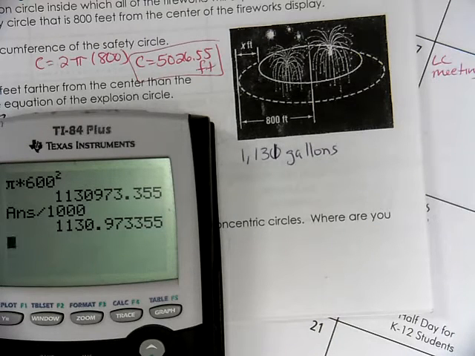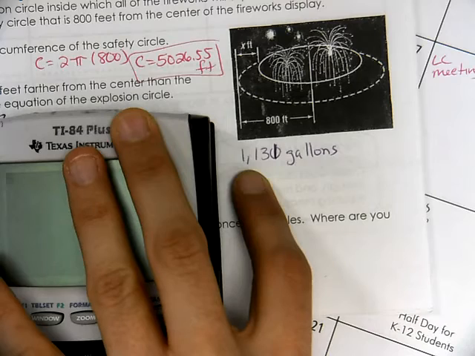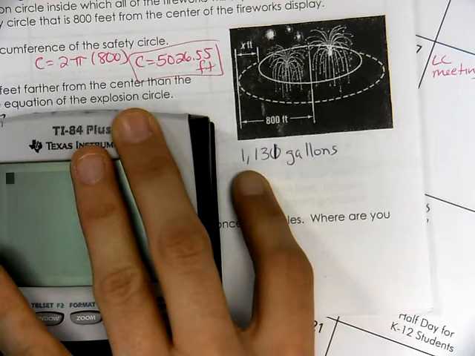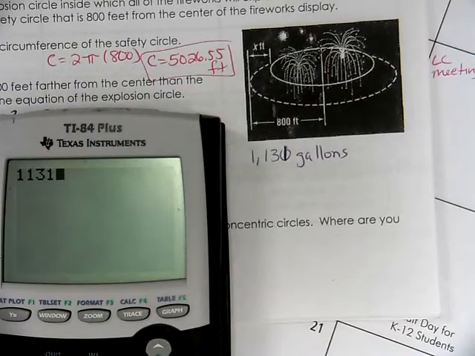What am I going to do with that 50? Am I going to multiply this by 50 or divide it by 50? Multiply it by 50 because each gallon costs that. So we're buying 1,131 gallons at $50 a piece.